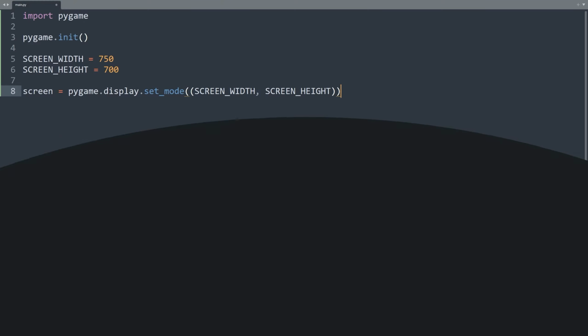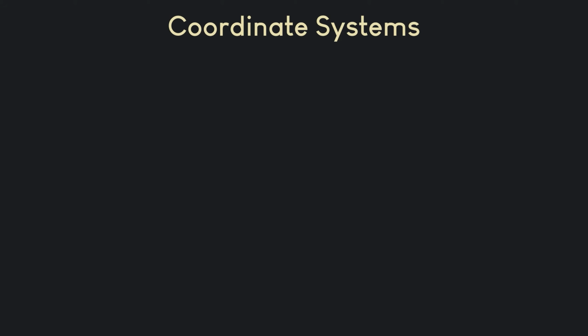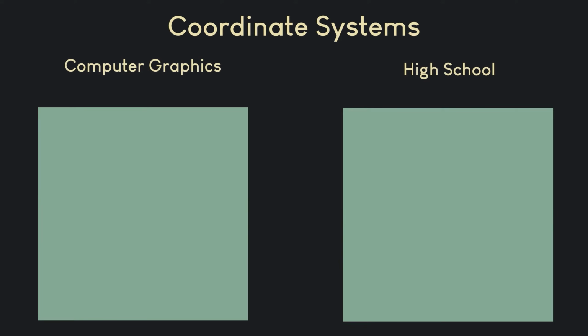In simpler terms, we just created the game window, and to draw on it, we use a coordinate system similar to the one taught in high school. Each point on this window has its unique x and y values. The coordinate system used in computer graphics differs from the standard Cartesian coordinate system taught in high school. In computer graphics, the origin of the display is located at the top left corner, with 0, 0 being at the top left.